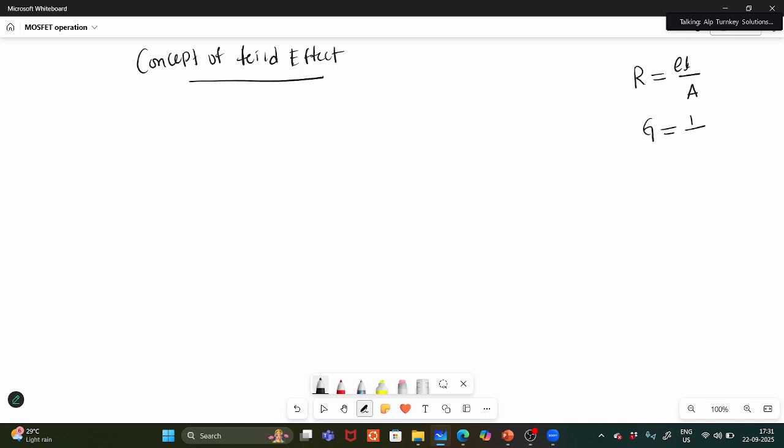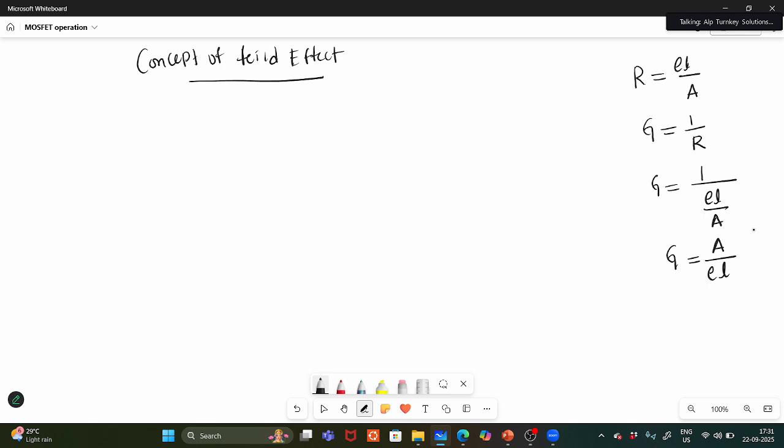Conductance is the reciprocal of resistance. So conductance G equals 1 by (rho L by A), which is A by rho L.